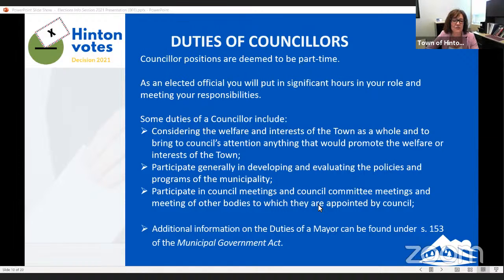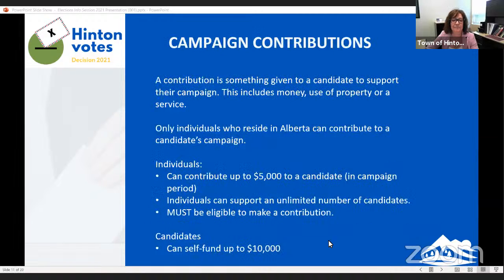Some duties of a councillor include considering the welfare and interests of the town as a whole, and to bring to council's attention anything that would promote the welfare or interests of the town, participate generally in developing and evaluating the policies and programs of the municipality, participate in council meetings, council committee meetings, and meetings of other bodies to which they are appointed by council. Also, additional information on the duties of a councillor can be found under Section 153 of the Municipal Government Act.